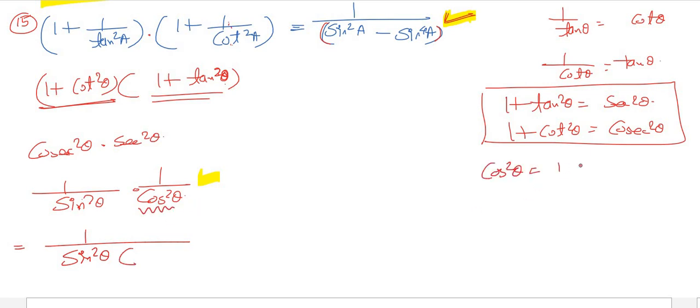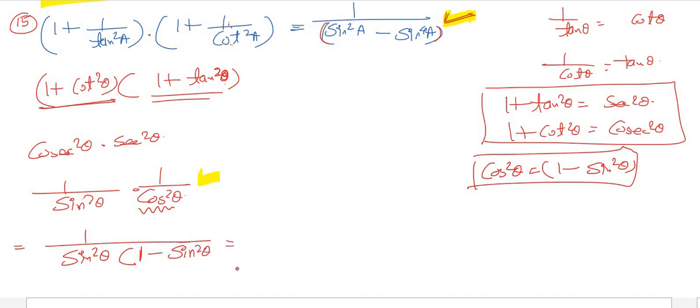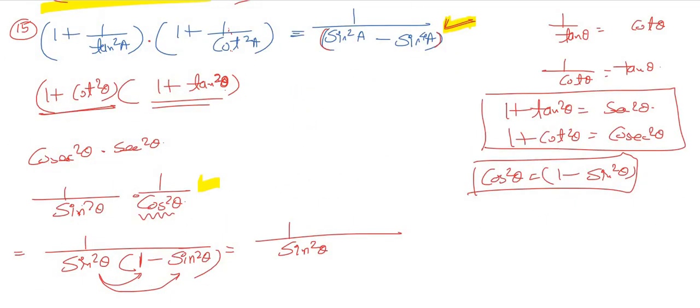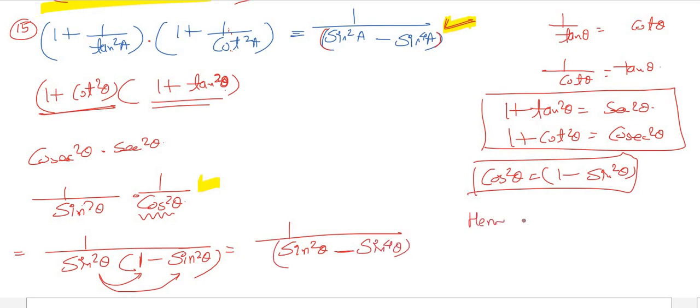If you remember, cos square is 1 minus sin square theta, correct? So I am writing it 1 minus sin square theta. If I multiply this and this here, what do I get? Sin square theta minus, what do I get here? Sorry guys. Minus, what do we get here? Into sin to the power 4 theta, hence proved.